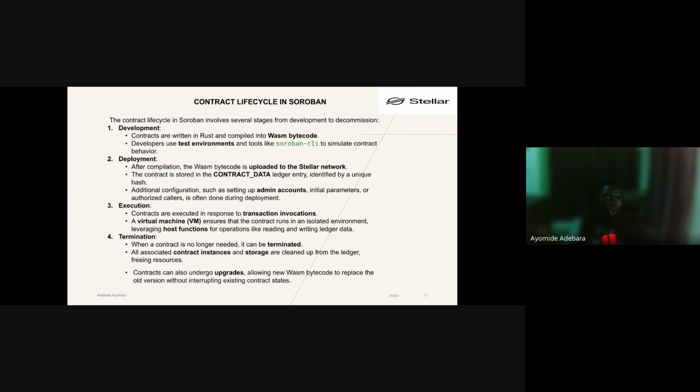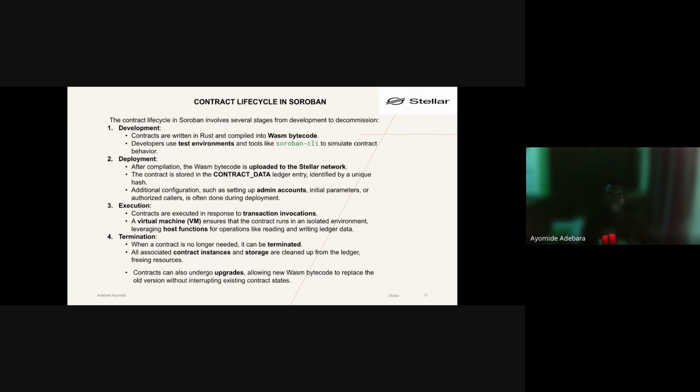And whenever it is stored, like I made mention of, a unique hash is created for you, and that unique hash is more like a mapping to your deployed WASM bytecode that contains the implementation of your smart contract. So there could be additional configurations such as setting up the admin account, initializing parameters, or authorized callers.